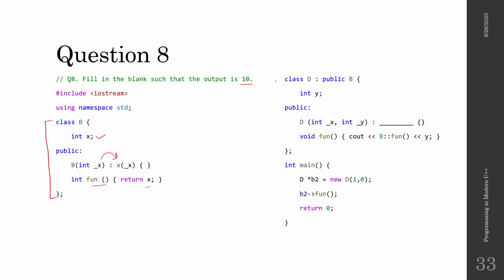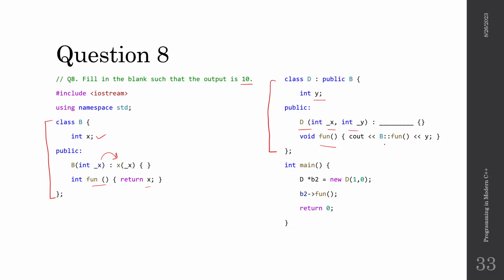Then we have another class D which inherits from B. In this D class we have a data member Y, and then we have a constructor D which takes two values underscore X and underscore Y, and here also we have a function called fun.